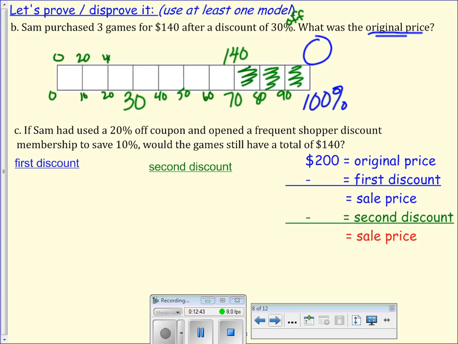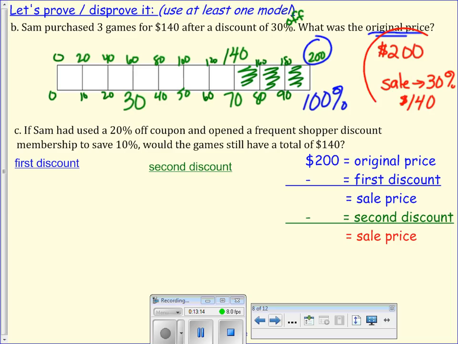So my interval is 20. So what was the total price of the item? The original price was $200. The sale of 30% off, he paid $140.